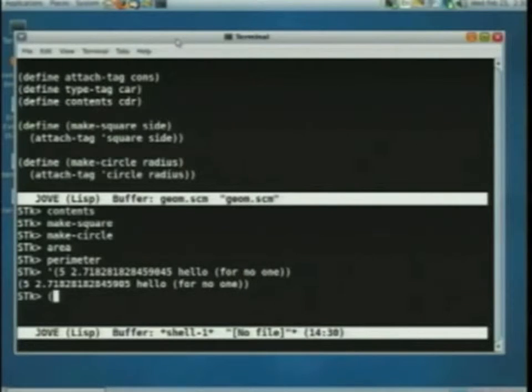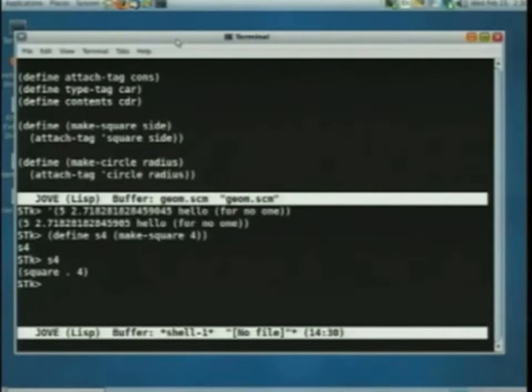So I have procedures make-square. Whoops, I'll do that. What I want to do is define s4 to be make-square 4. And the value of that, just to make it clear, is a pair whose car is the type tag and whose cdr is the value.